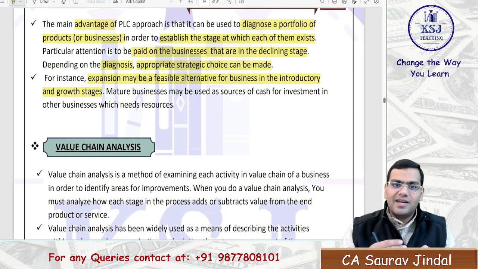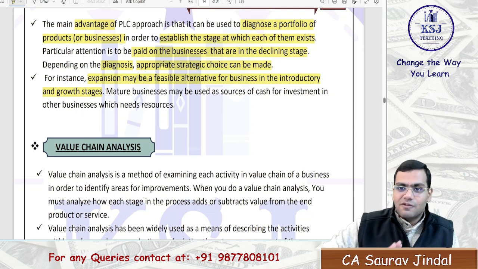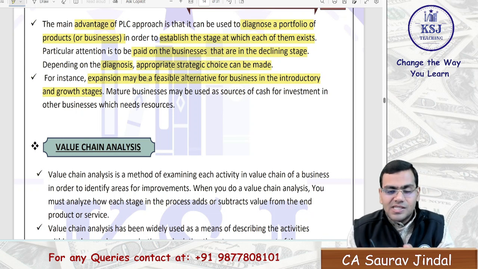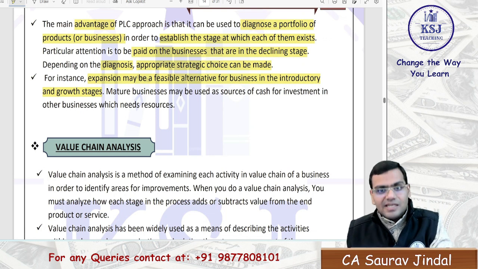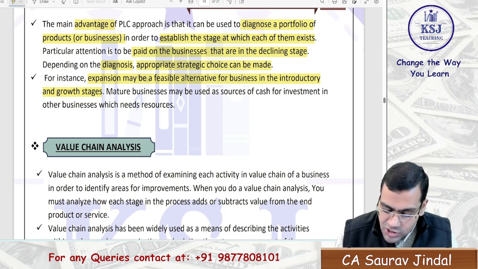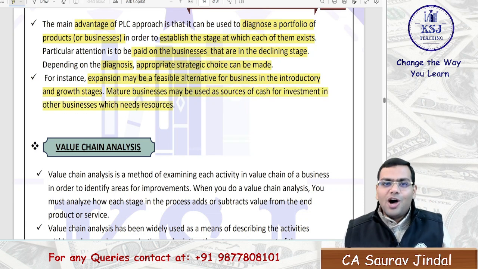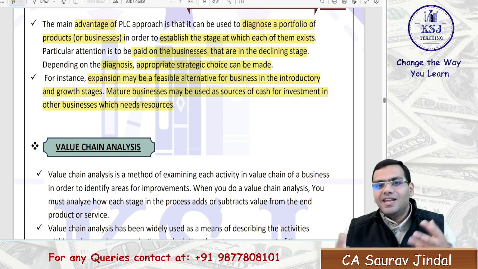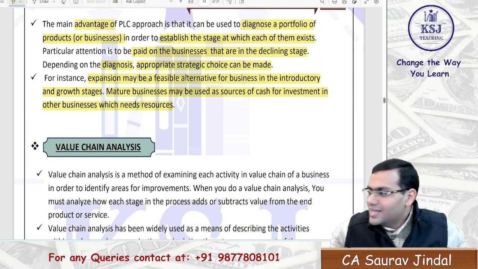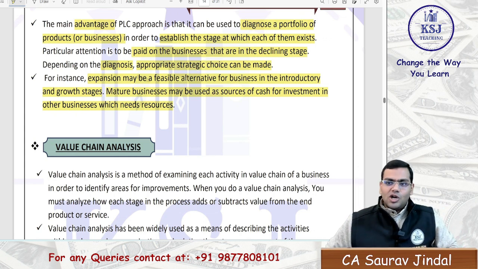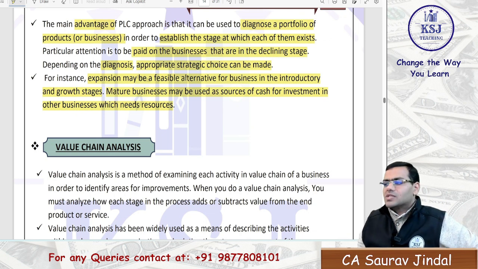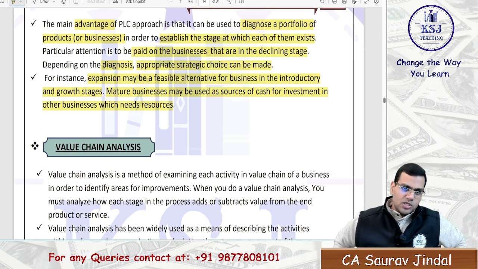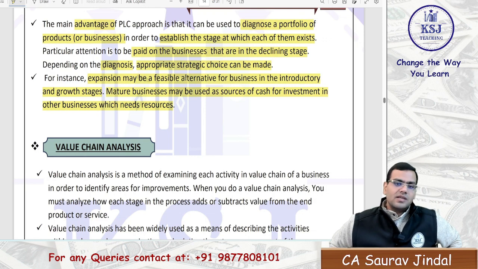Let's generate it and let's use this cash for investment. Let's save this cash for the declining stage, right? A mature business may be used as a source of cash for investment in other businesses which need the resources, or for another business which we might need to start during the declining stage, right? So in the case of a mature business, you are generating the cash flows. So save these cash flows for the future, for the declining stage.